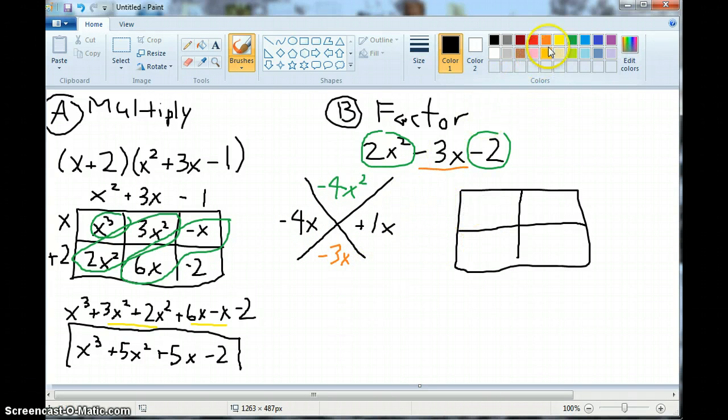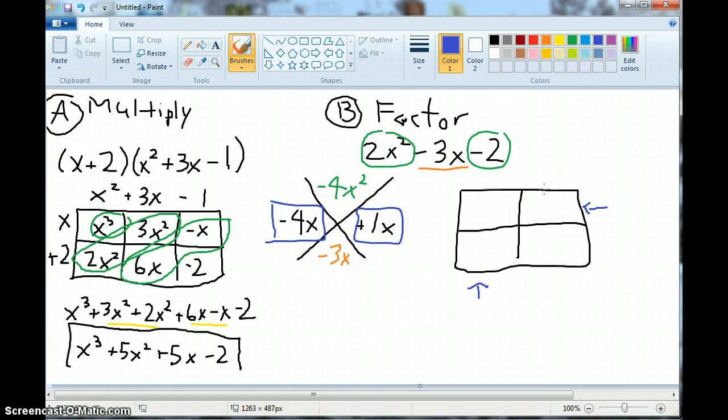So now what I'm going to do is take these two and place them within the box. Okay, I can choose either here or here. Doesn't matter what order I put it. I could put negative 4x in the bottom left or the top right. It doesn't make a difference.